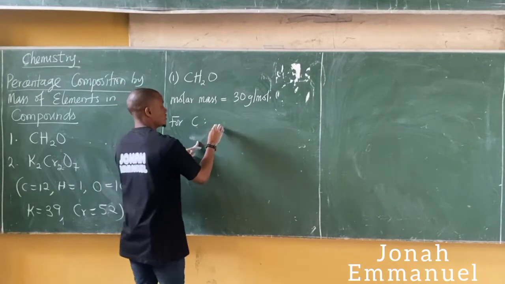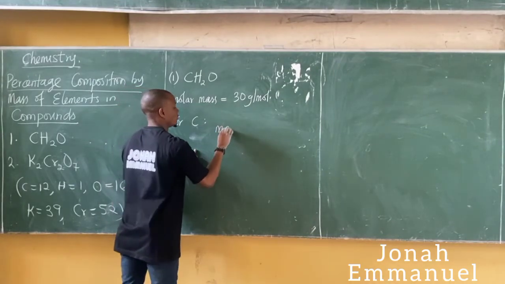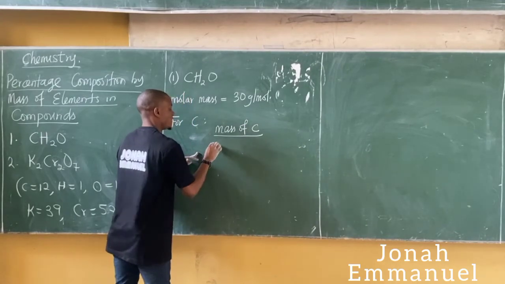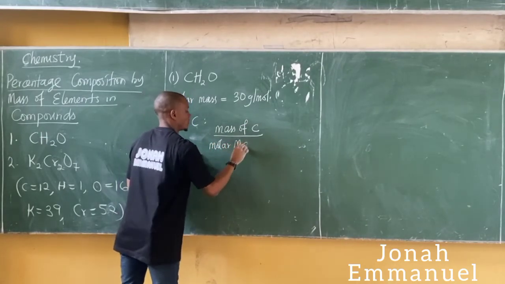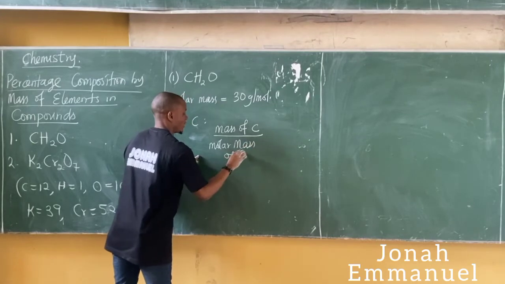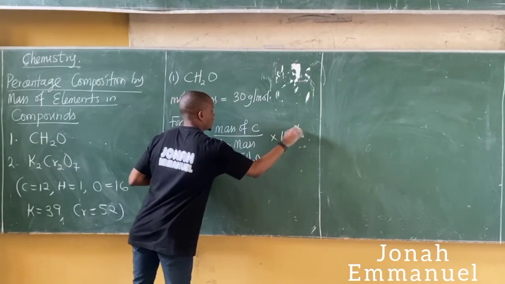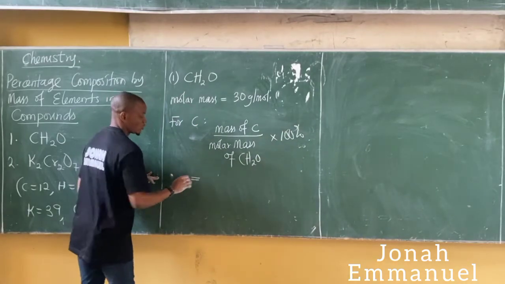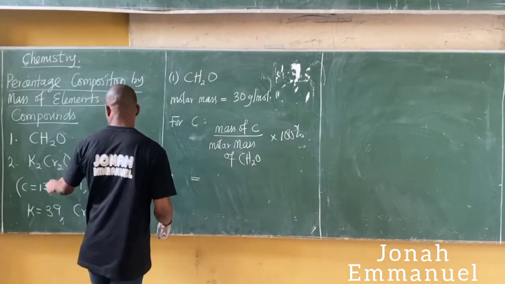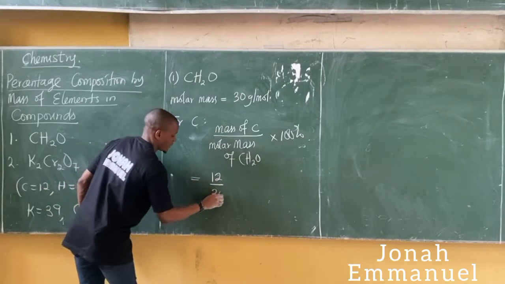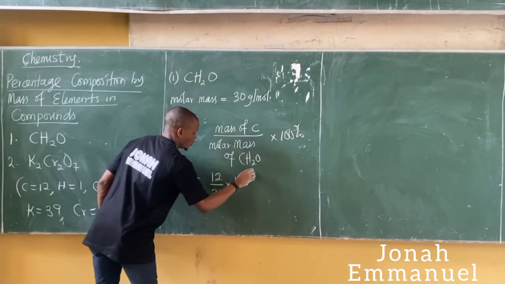So it's equal to the mass of carbon all over the molar mass of the compound times 100%. Mass of carbon is 12, all over the molar mass of 30, times 100%.